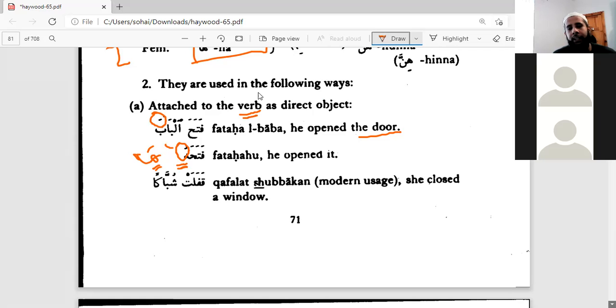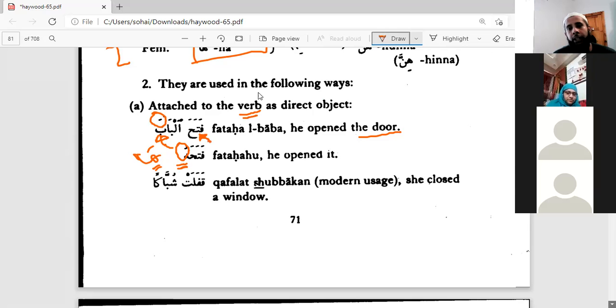Does it represent the door, or the lady, or the man? It represents the door. It has nothing to do with he, she, them. It doesn't matter, it's the object. Where's the subject? It's attached to the verb, hidden within fataha.